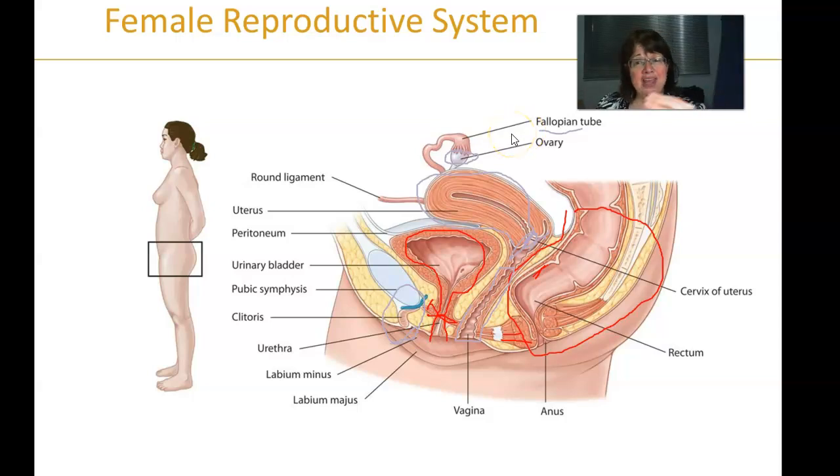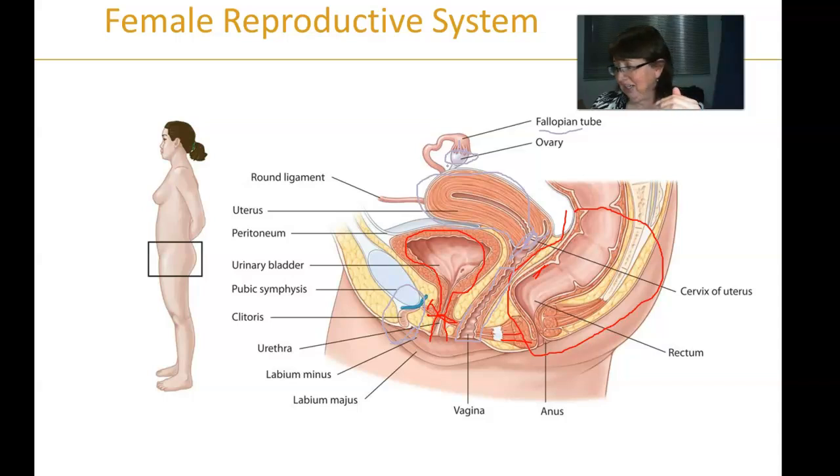Unlike the sperm, where they have a closed channel all the way to the outside of the body, the egg that gets released does not, because these fimbriae, which are the little finger-like things here, will cover over. So there's a possibility for the uterine lining to get outside into the body cavity, such as endometriosis, or there's also a situation where the egg will not be picked up by the fallopian tube.